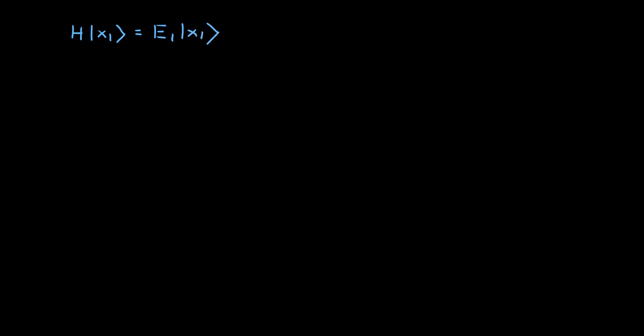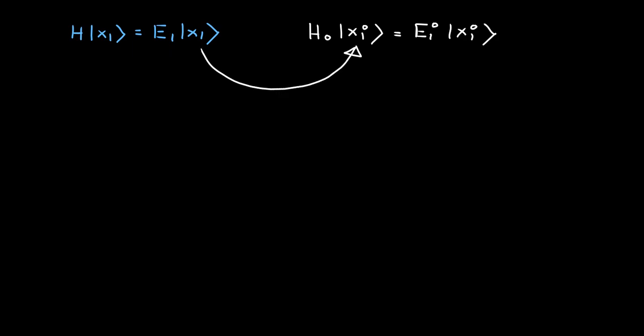Okay, and note that this is different from the actual Hamiltonian, which acts on x1 0, and it gives energy E1 0 and the state x1 0 back. And what is the relation between x1 and x1 0? x1 can be expressed as first x1 0 plus some extra term.